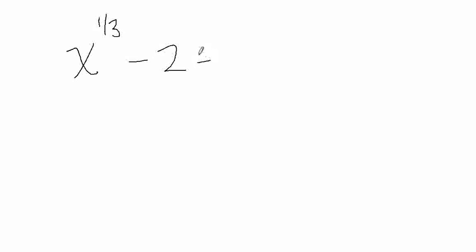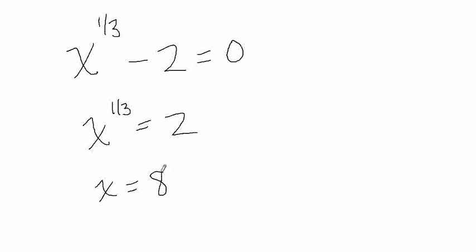So let's solve the following equation: x to the 1/3 minus 2 equals 0. So isolate the expression with a fractional exponent. Now raise both sides to the 3rd power. And you see you get your answer in a similar manner.